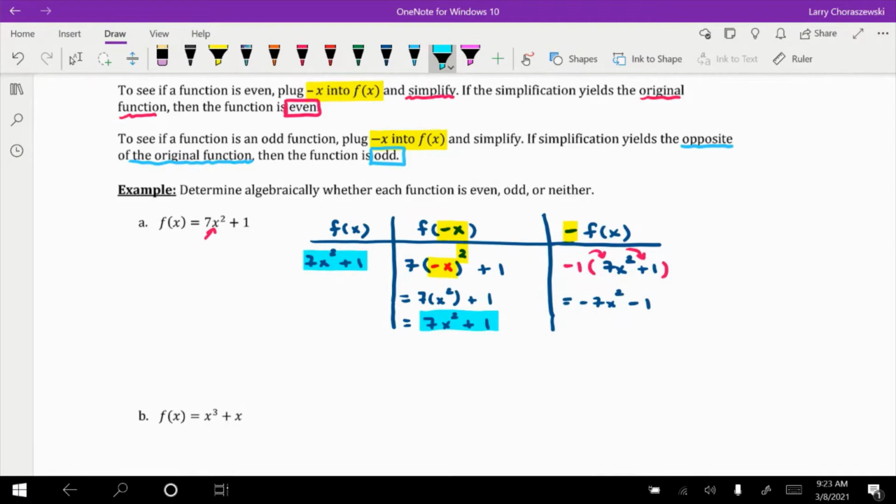You guys see that? So because the result of f of x matches with the result of f of negative x, what it means for us is that f of negative x is equal to f of x.